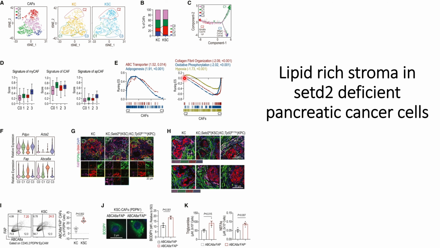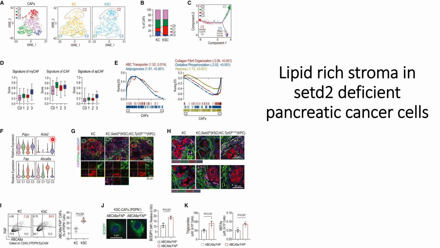So all this indicates that in C2, adipogenesis and ABC transporters are related to lipid-rich pathways, and oxidative phosphorylation is lower in C3 compared to C2. This all indicates that the C2 cluster might be related to the lipid-rich stroma.